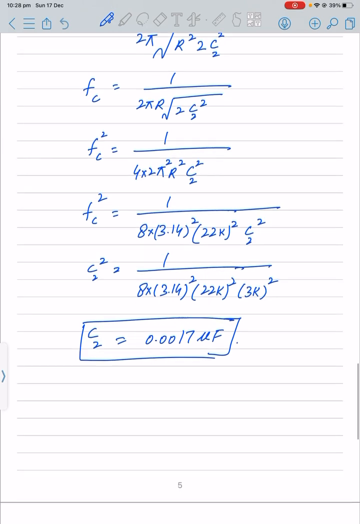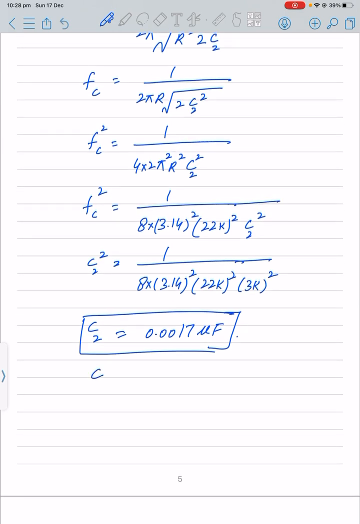That will be the value of C2, and we know that our C1 is equal to 2 times C2. Multiplying it with 0.0017, we will get around 0.0034 microfarads for the value of C1.